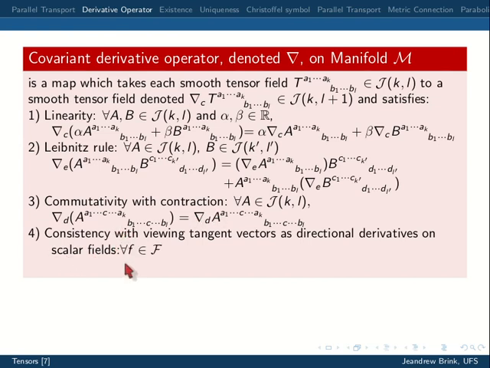The way we write that down is, for all functions that map the manifold to the real values, we can write our tangent vector as T^a times the covariant derivative operator applied to f.